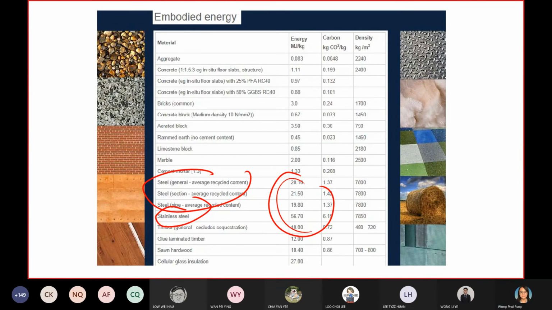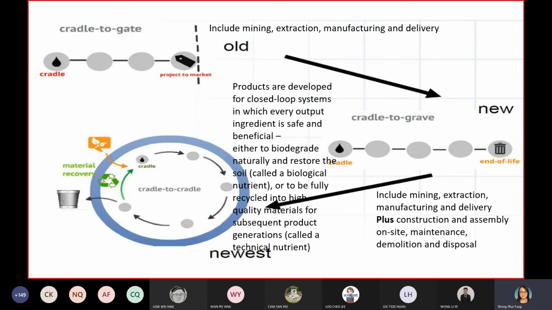Okay? Something for you to think about, to have a better understanding. Cradle to gate, cradle to grave, and the last one is cradle to cradle. Cradle means baby. Cradle to gate is actually the theory of embodied energy.